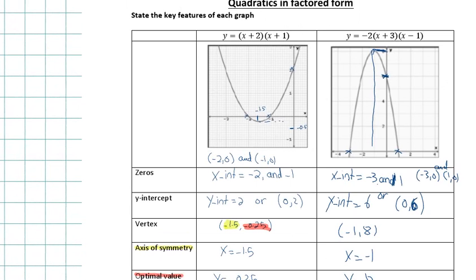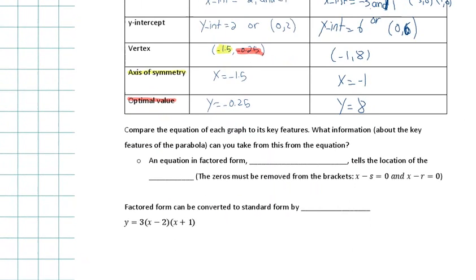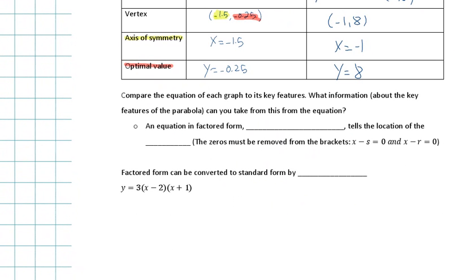Okay? So if you compare the equation of each graph to its key features, what information about the key features of the parabola can you take from this form of the equation? The zeros.